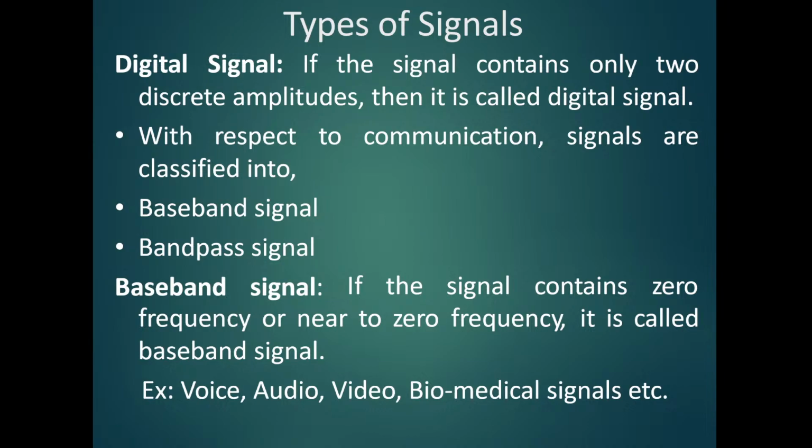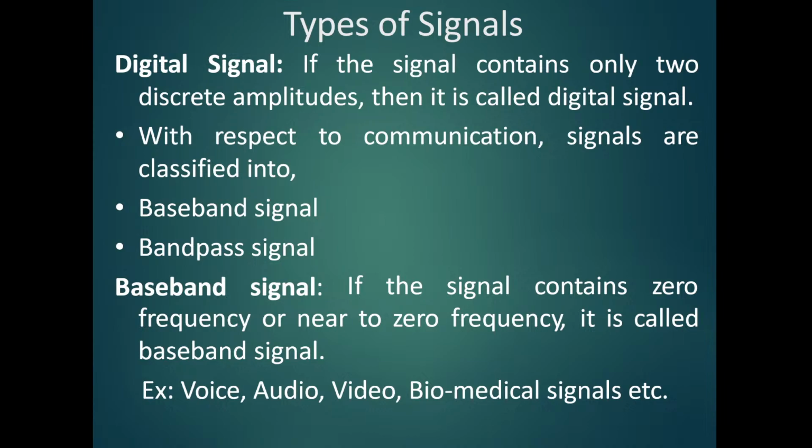Then with respect to communication, we have different types of signals. The very first one is the baseband signal, and the second one is the band pass signal, right? The message signal that is generated from the information source is known as the baseband signal. This baseband signal may be a combination of one message, two messages, or more than two messages, right? We can also say that if the signal contains zero frequency or near zero frequency, it is also called a baseband signal.